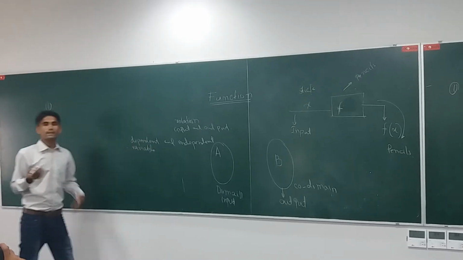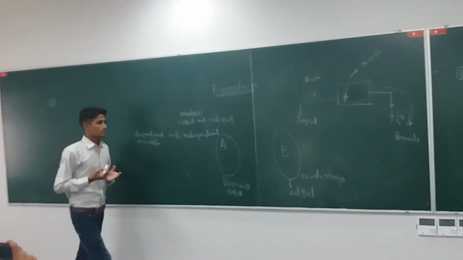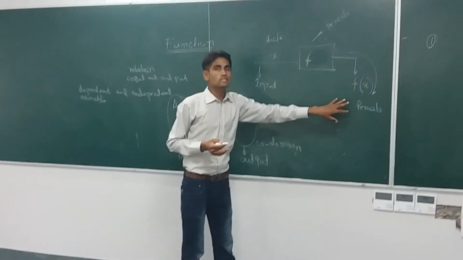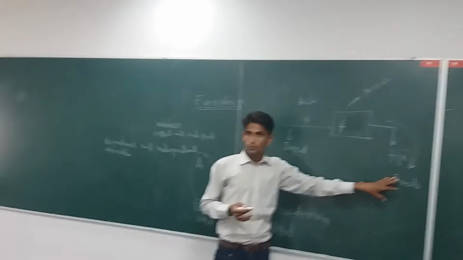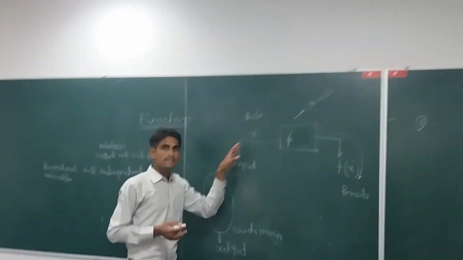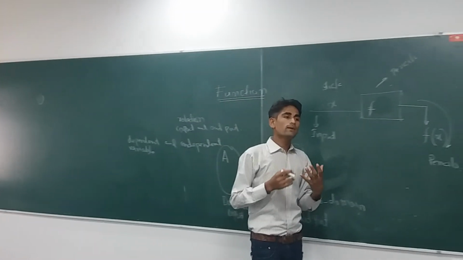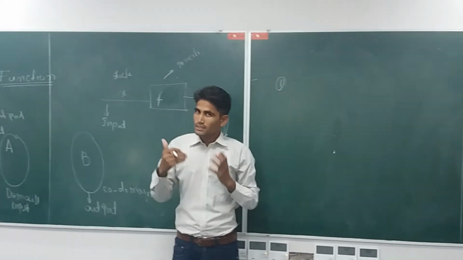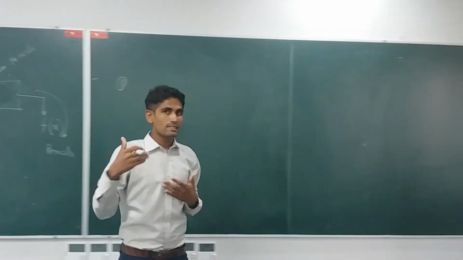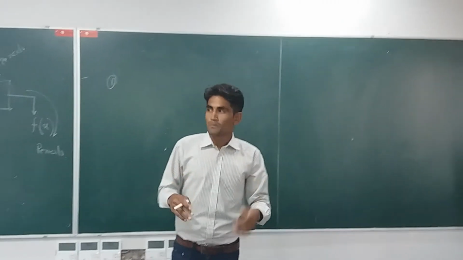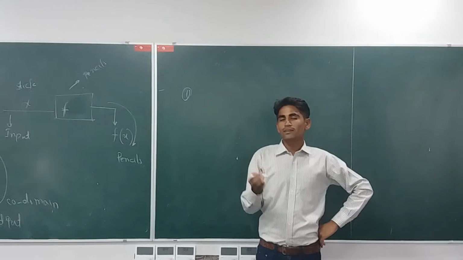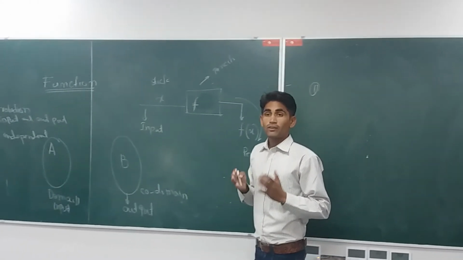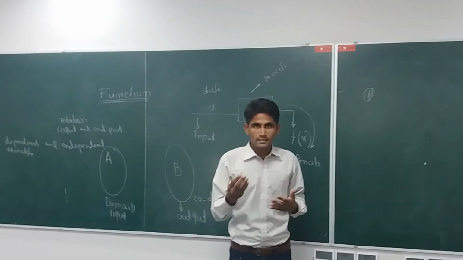What do dependent and independent variable mean? The output totally depends on the sticks. If I give a 1 meter stick, there will be as many pencils as the sticks I give. If from 1 meter there are 3 pencils, then from 2 meters there will be 6 pencils.